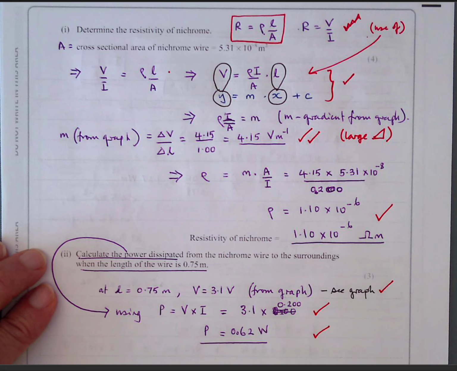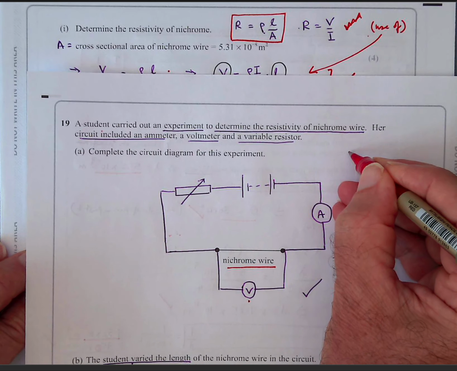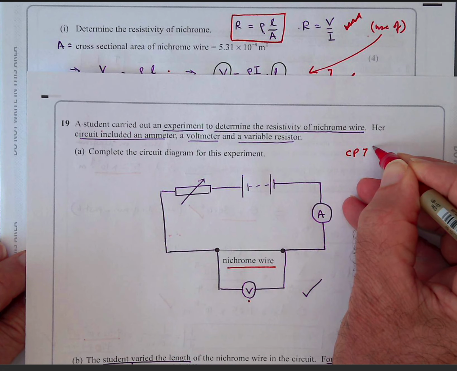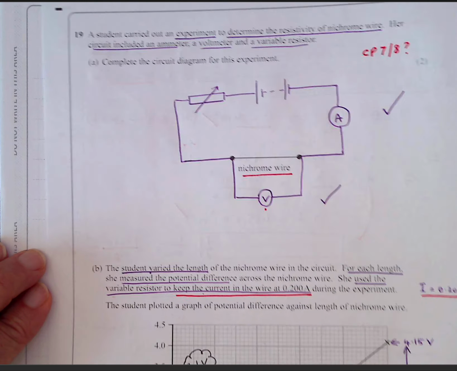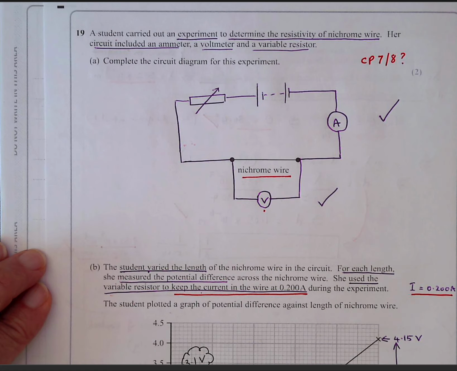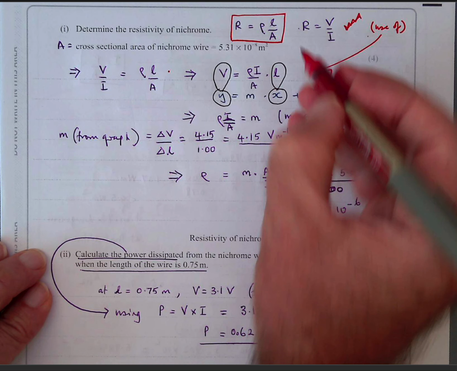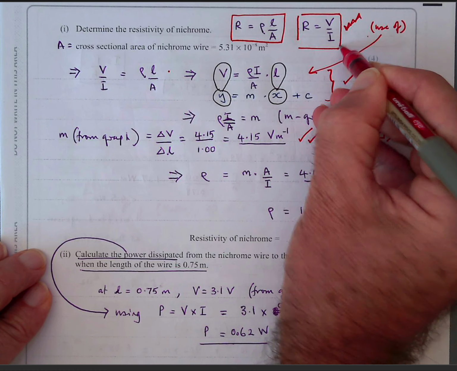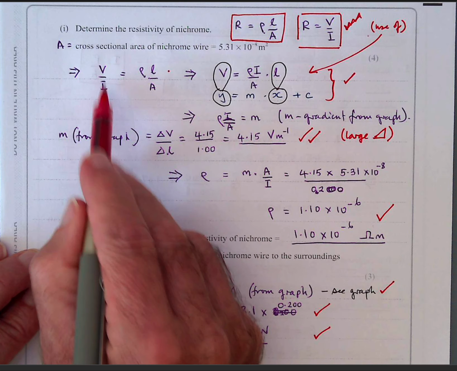So again, this is a core practical, and this will be core practical 7 or 8, I can't remember. One of the core practicals, 7 and 8, is resistivity and the other one is internal resistance. So you need to also know those 2 experiments in detail. So you also know from Ohm's law that R equals V over I, so we can replace R with V over I.